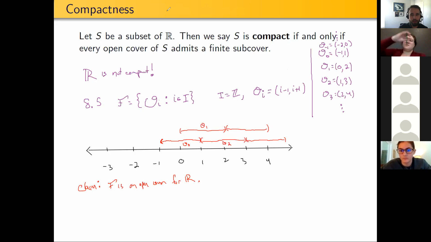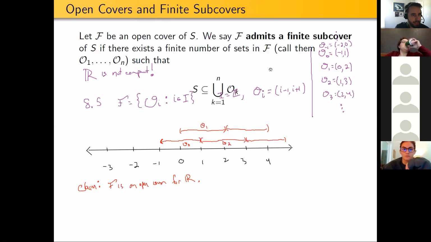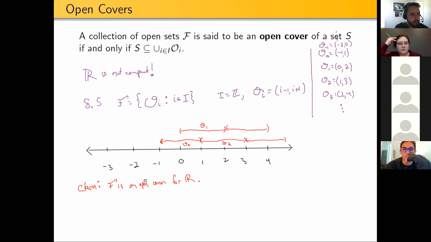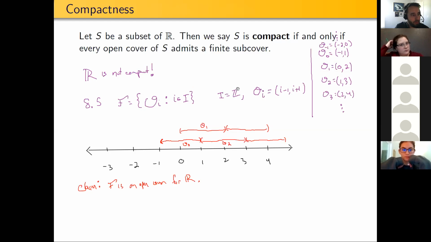So just to be crystal clear on what we mean when we say covers all the elements in R, to show that this is an open cover for R, I really want to show that R is a subset of the union of all of these I in the indexing set, all of these sets O sub I.